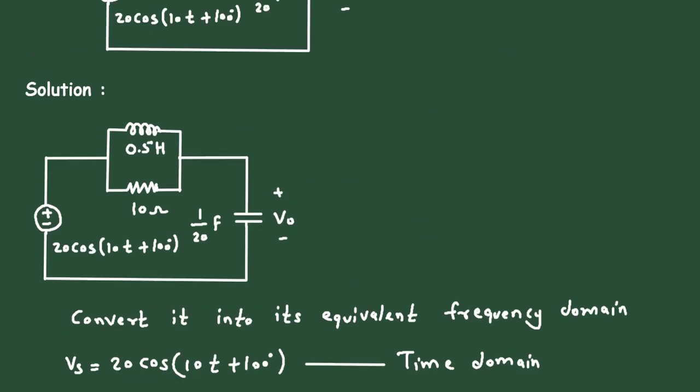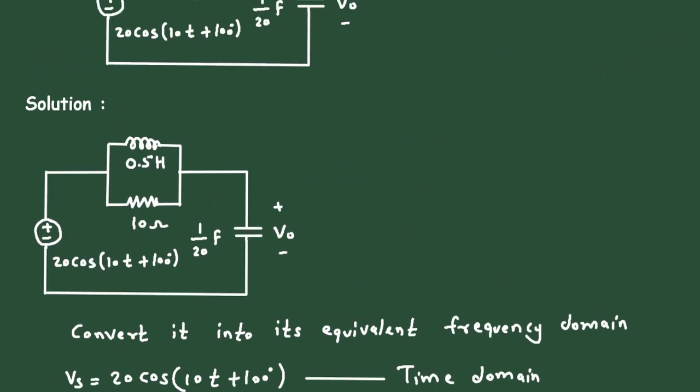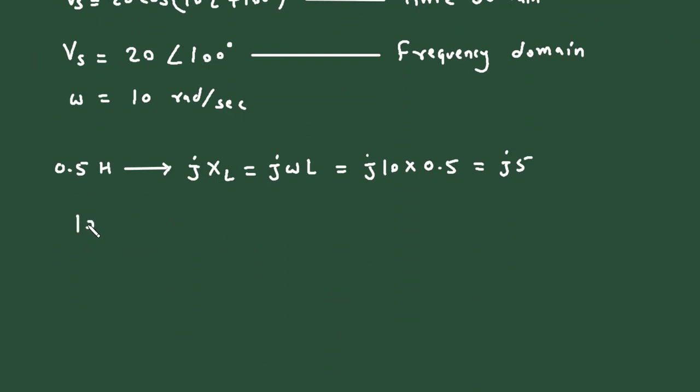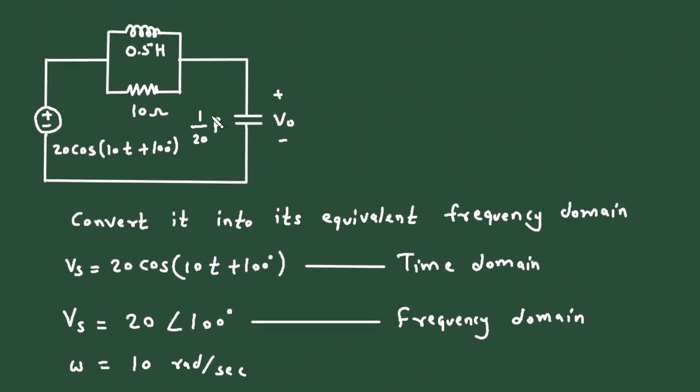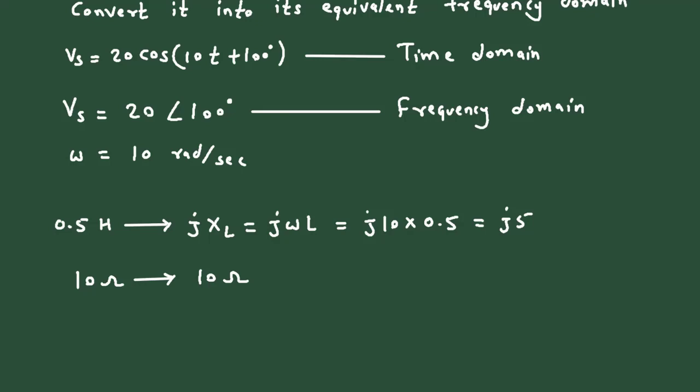Now for this 10 ohm, the value in frequency domain will be 10 ohm. Then 1 by 20 farad will be minus jXC.